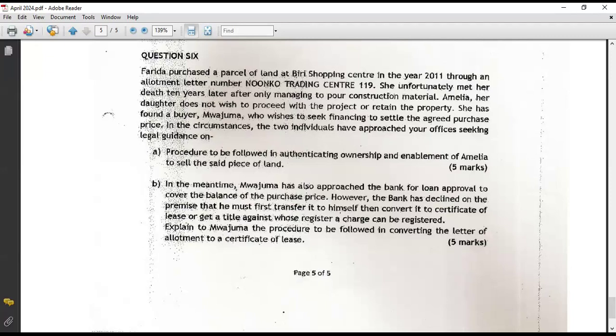We are assuming this is private, so we trace the genesis of why Farida got the allotment, perhaps that she had shares in the company. All that verification is made to ensure that Amelia is linked as the one who has rights to transfer that to Mwajuma.